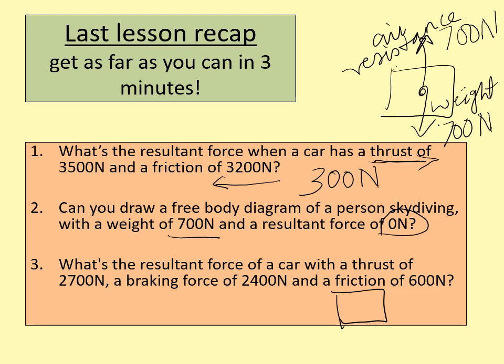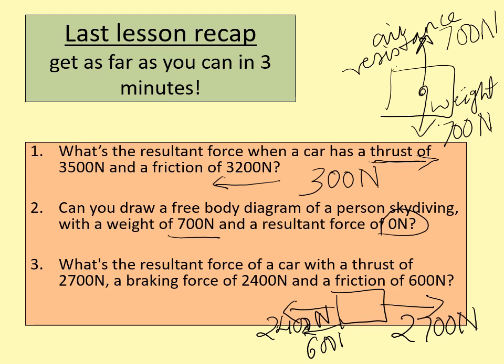So we have a car with a thrust, so that is our forward force, 2,700 Newtons. A braking force. Braking force should act in the backward direction, isn't it? So 2,400 Newtons there. Friction also acts in the opposite direction, 600 Newtons. So the total force towards the left is 3,000 Newtons.